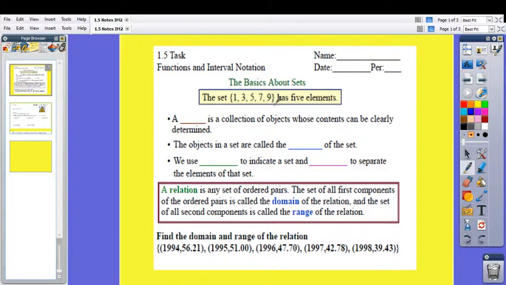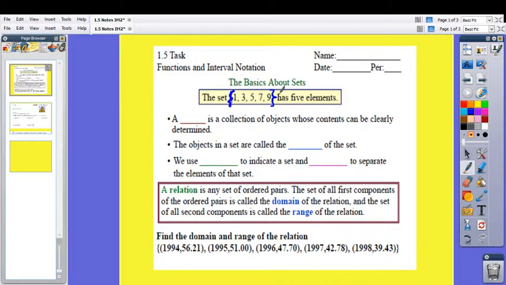Sets is when you use the braces, okay, and you put anything inside. In our case, most of them will be numbers. So these are called components, okay. Then let's talk about this one.